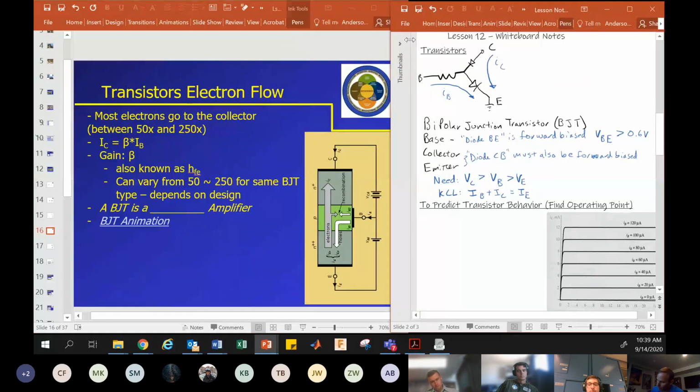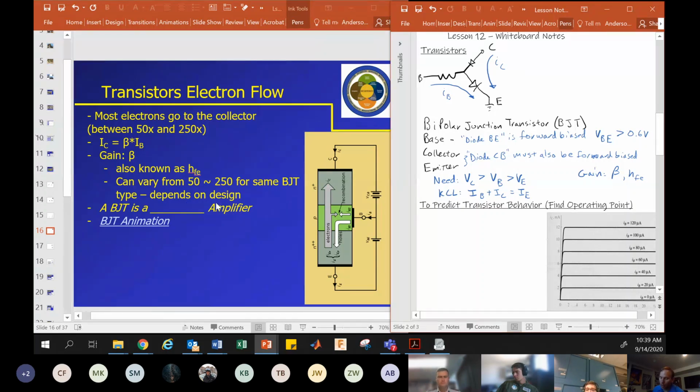So gain, beta, or H sub FE. It's typically about 100, but it can be anywhere from 50 to 250. It depends on the BJT, and we can look that up on the data sheet, and we'll look at one a little bit later, probably next class.